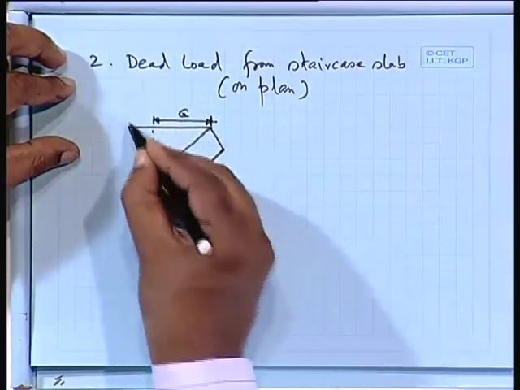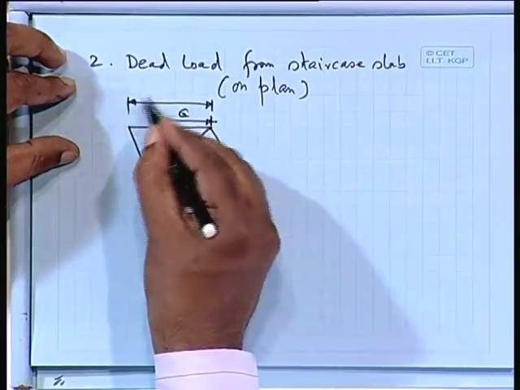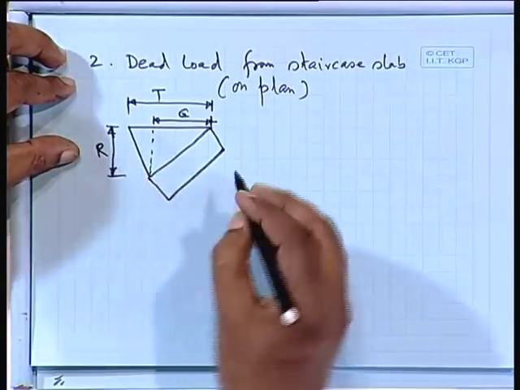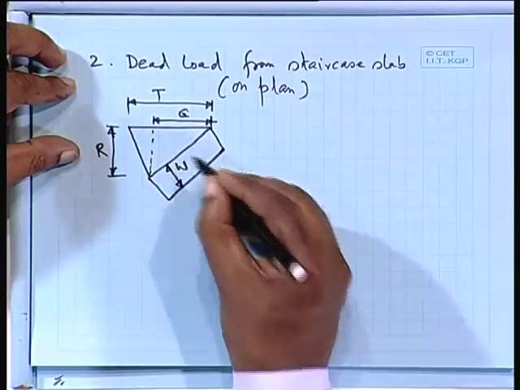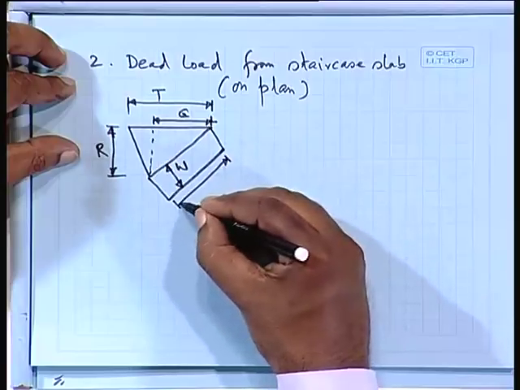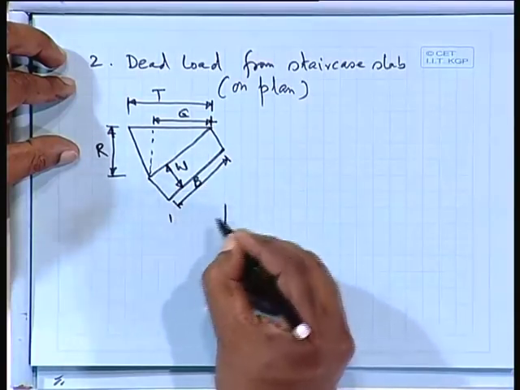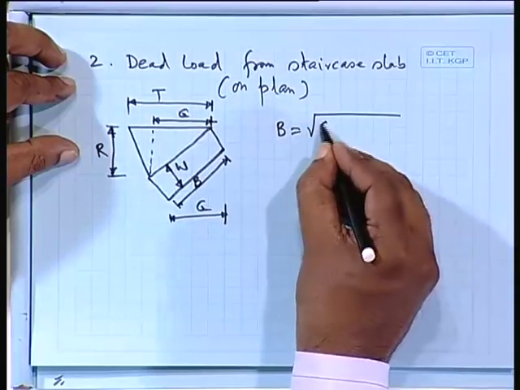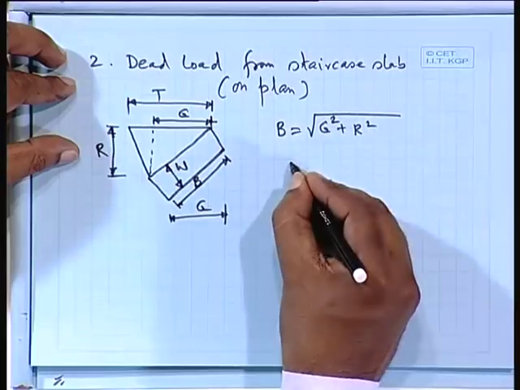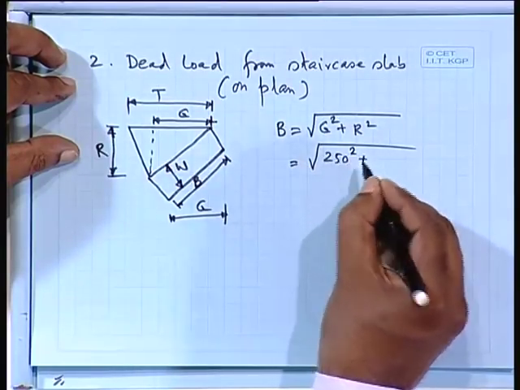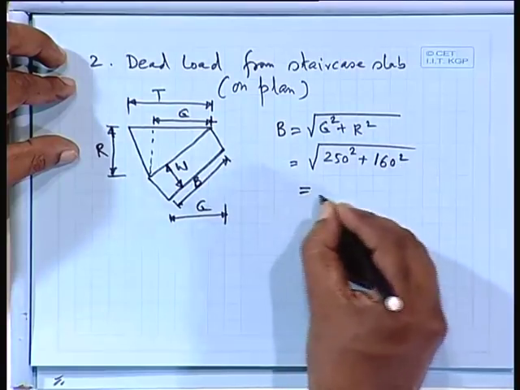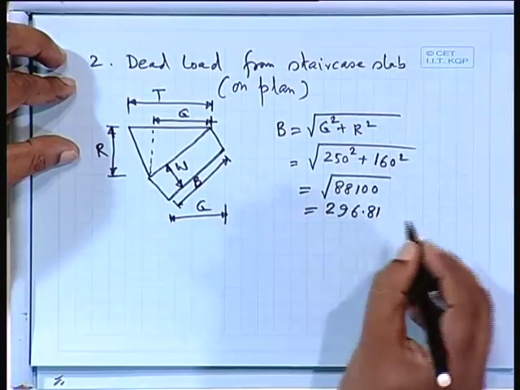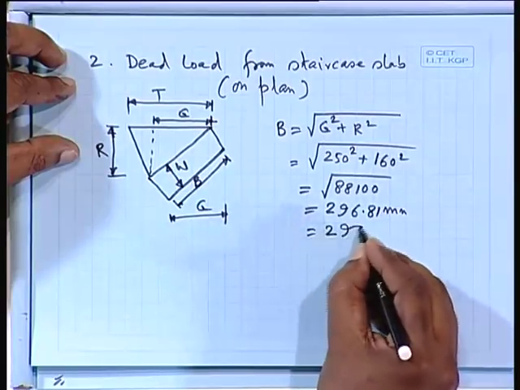So this is G, this is T tread, this is R rise, W, B, and this is G. B equal to root over G square plus R square, where G we have taken 250, R equal to 160, equal to 296.81 millimeter, let us say 297 millimeter.